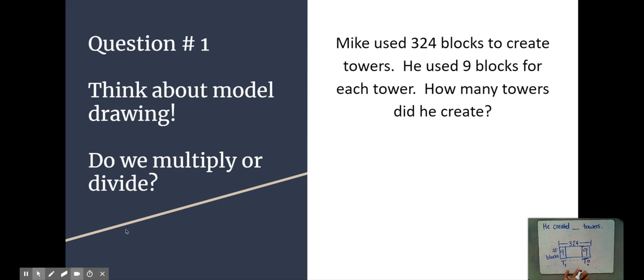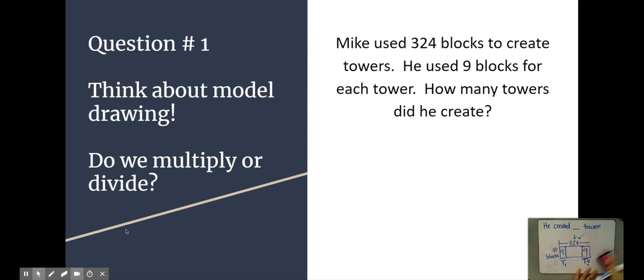So let's go ahead and talk about our strip diagram. First question to ask is, do we have a total? Well, do we? Yes, we sure do. So we do have a total.